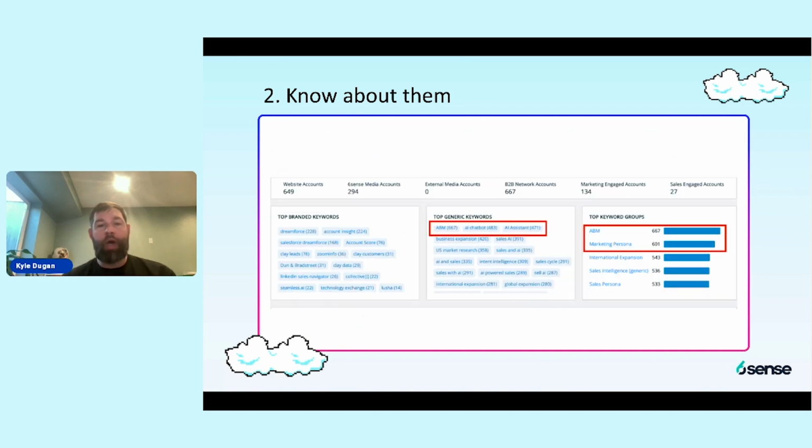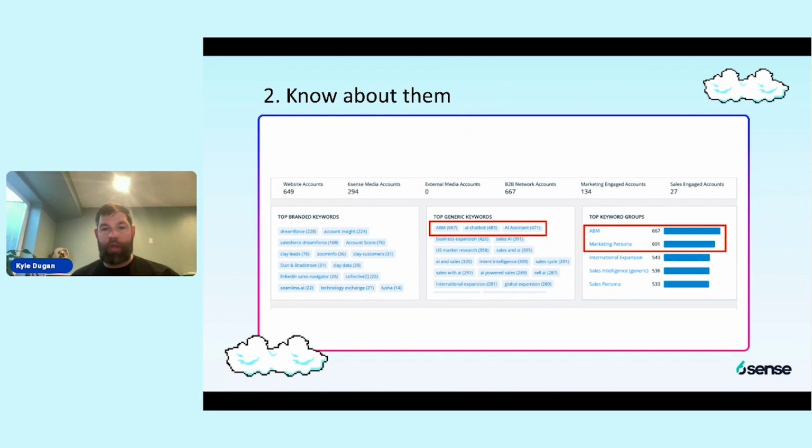So when we say know about them in our platform, whenever you go back and create a segment with those filters that I just showed, you get a lot of data. And this is just a sample of some of that data. I've highlighted here what we looked at for this campaign. Top generic words, we're looking at ABM, AI chatbot, AI assistant.